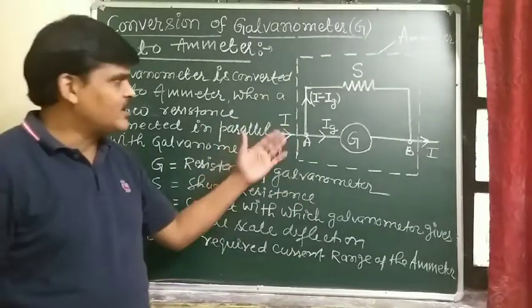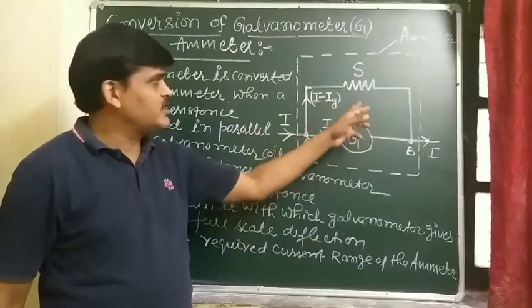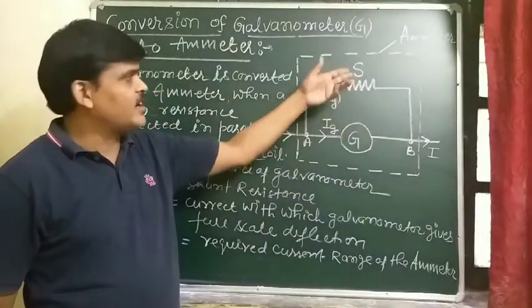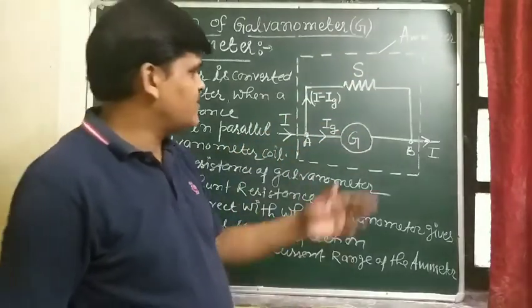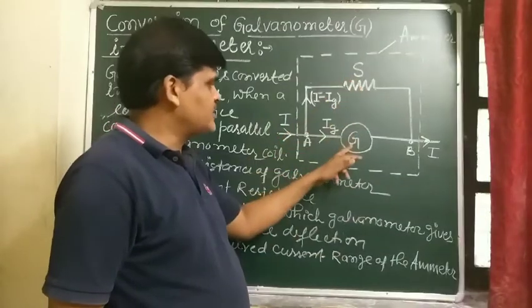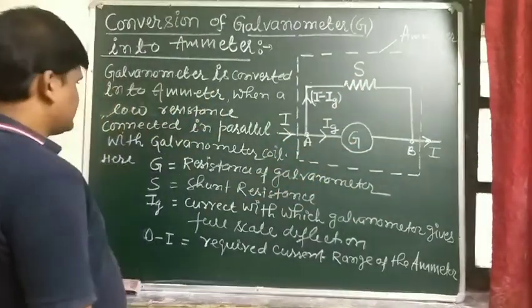And now we find the formula of shunt resistance. Here G and S are connected in parallel, and in a parallel combination we know that the potential difference across the shunt resistance is equal to the potential difference across the galvanometer resistance.